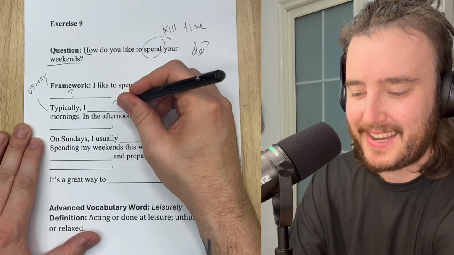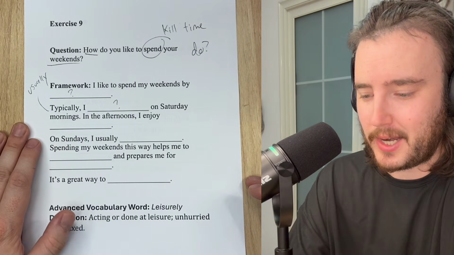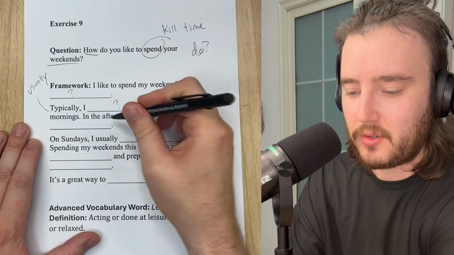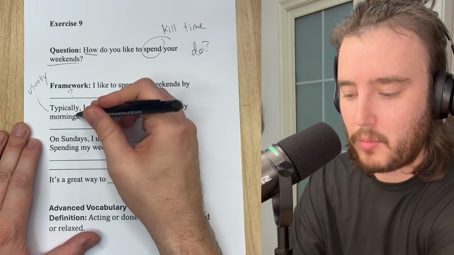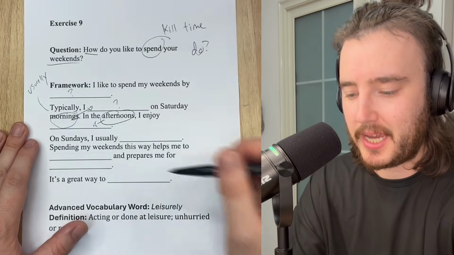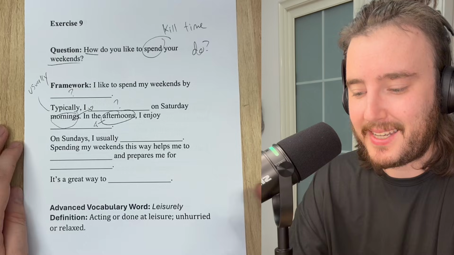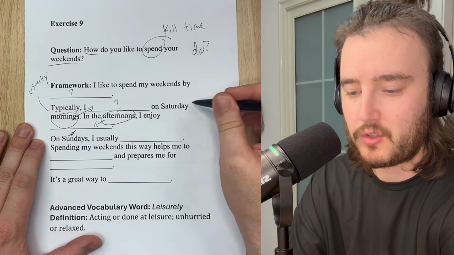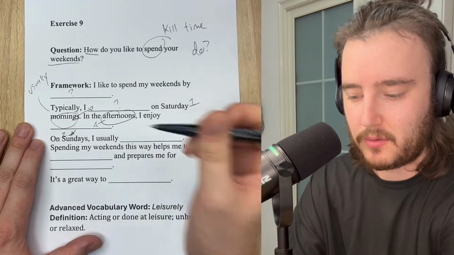So tell me, what do you do on Saturday mornings? In the afternoons, I enjoy, tell me about the afternoon. Okay, so morning goes here. I blank in the morning, I blank in the afternoon. On Sundays, I usually, something new for Sunday. First Saturday, then talk about Sunday.